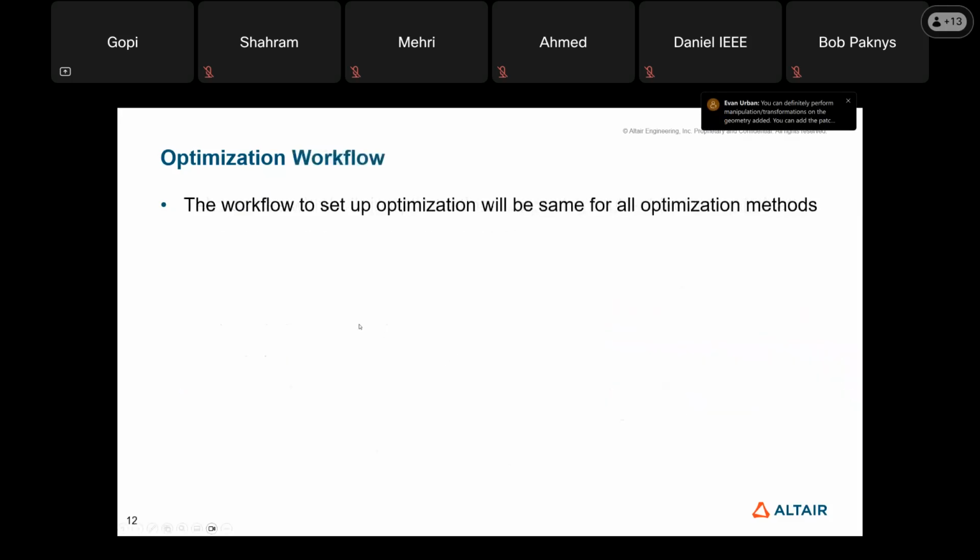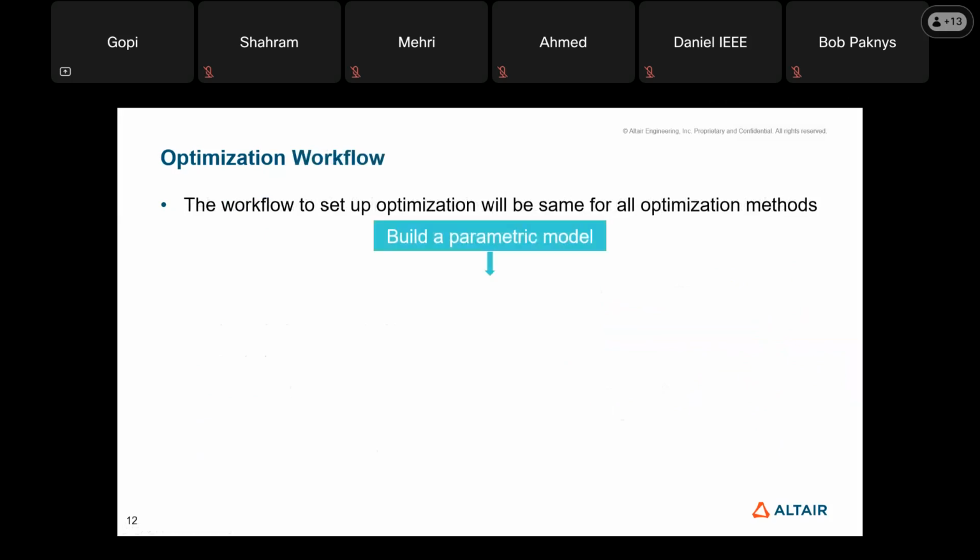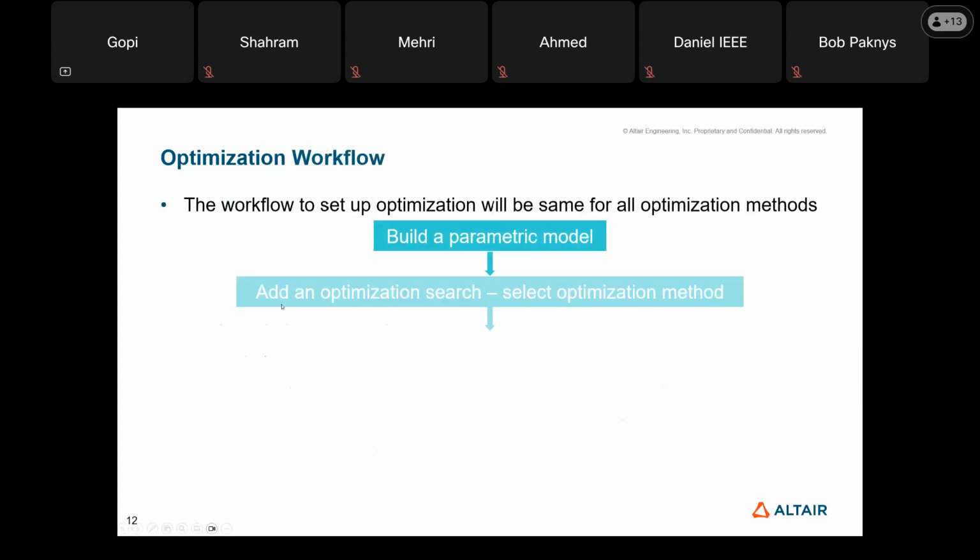Now, when it comes to the workflow, irrespective of which optimization method you are using, the workflow to set up optimization would be the same. Obviously, you need a parametric model. Instead of designing the geometry with hard numbers, always use design variables to control the geometry dimensions. And then you can add an optimization search.